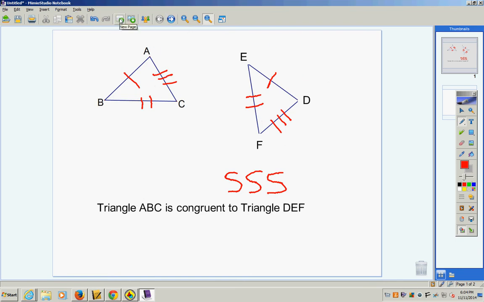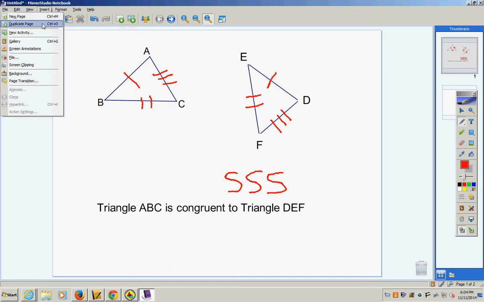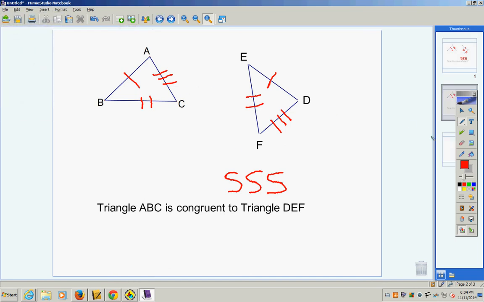All right, well, now I'm going to make a duplicate of this. And I'm going to change a couple things here. So delete all these markings here. We don't need them on here anymore. Just taking off all these markings here.